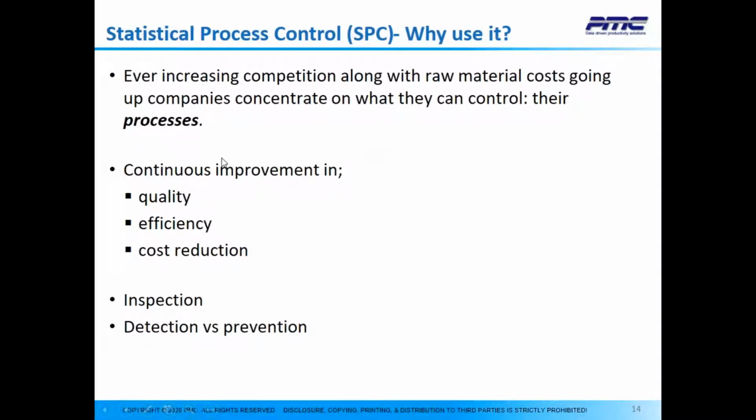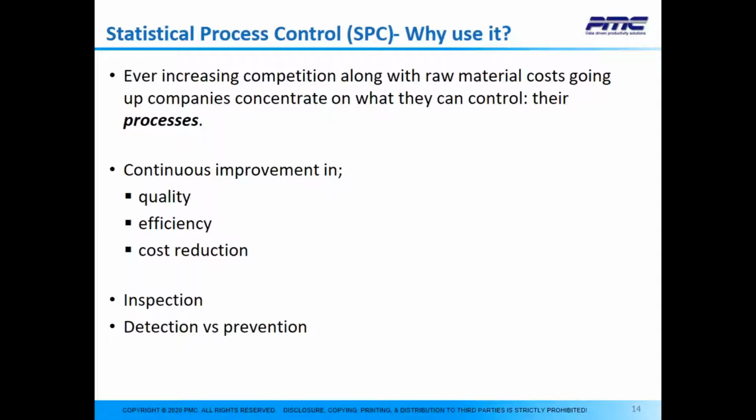So from that, with every increase in competition, along with raw material costs going up, companies concentrate on what they can control, which is their processes. Companies must strive for continuous improvement in quality, efficiency, and cost reduction. Many companies still rely only on inspection after production to detect quality issues.